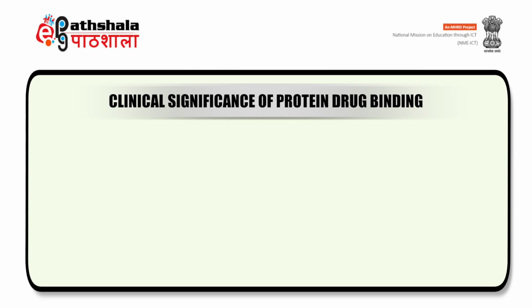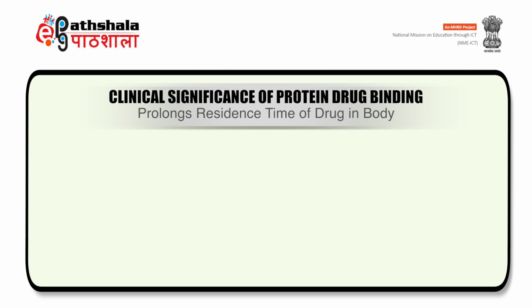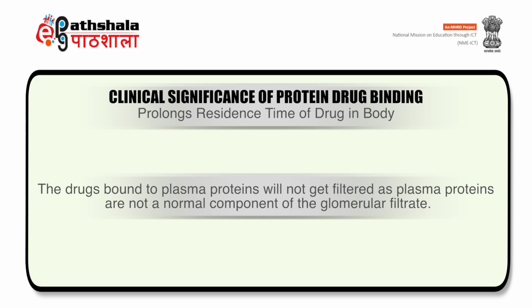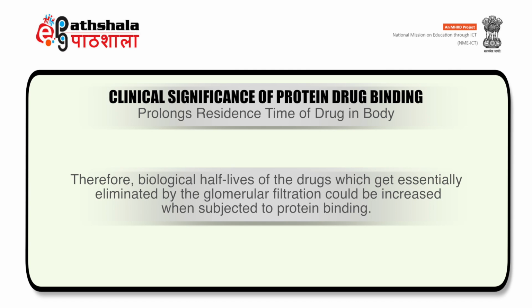Now, let us understand the clinical significance of protein drug binding. Number 1, it prolongs the residence time of the drug in the body. The drug bound to plasma proteins will not get filtered, as plasma proteins are not a normal component of the glomerular filtrate. Therefore, biological half-lives of the drugs which get essentially eliminated by the glomerular filtration could be increased when subjected to protein binding.